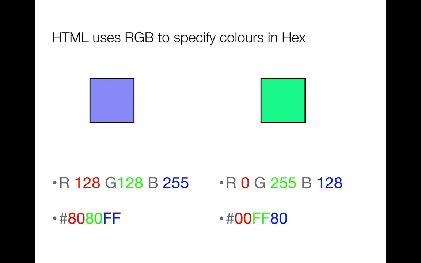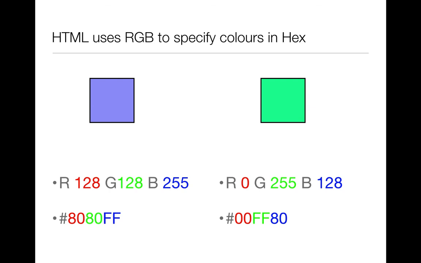You may have seen this in HTML, or you may have not, but when you're specifying your colors in a CSS style sheet, you can specify the color using the RGB values. And you can say RGB open bracket 128, 128, 255, or you can use hexadecimal codes there. I know some of you are quite comfortable dealing with hexadecimal, and some of you not so much.